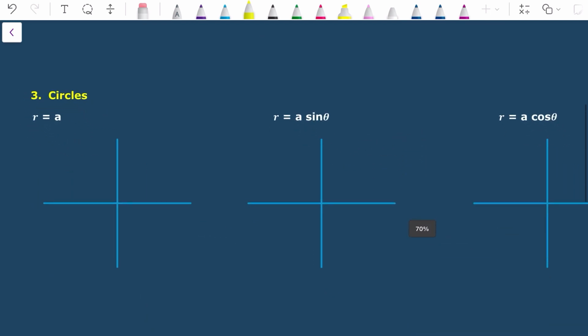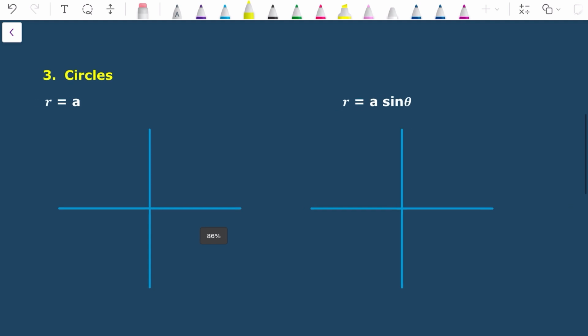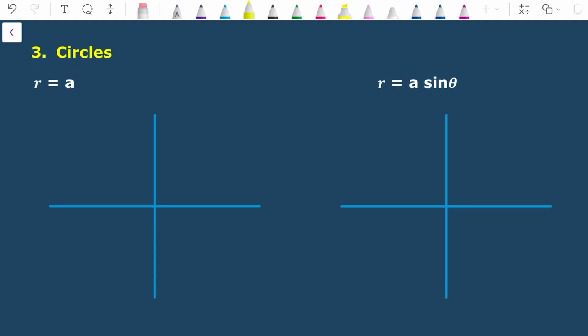3 different types of circle equations. First one, very simple. Again, similar to loci of complex numbers. Modulus of z equals some constant, let's say 3. Then you know you're just going to get the equation of a circle. And it's the same here.